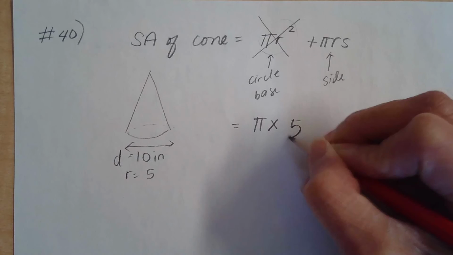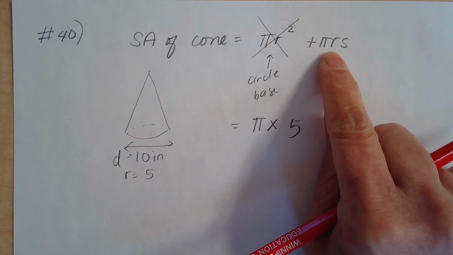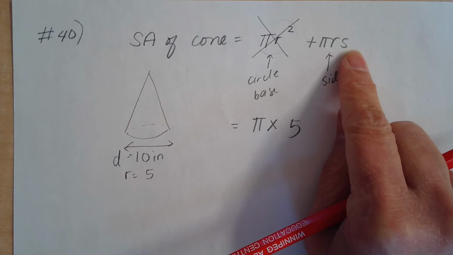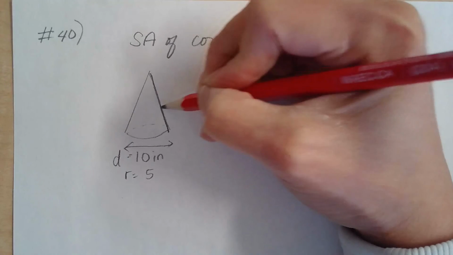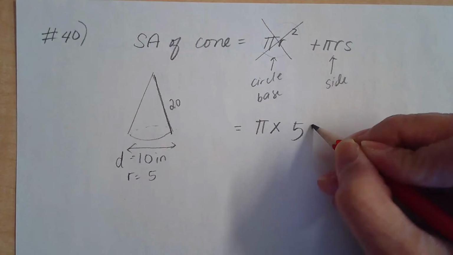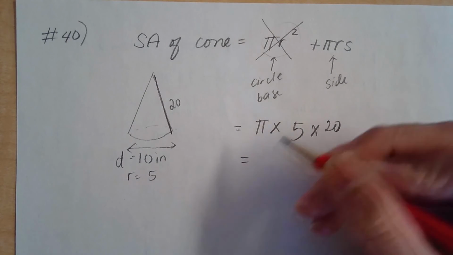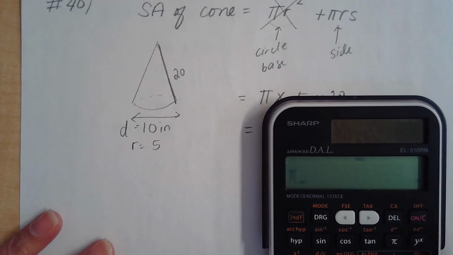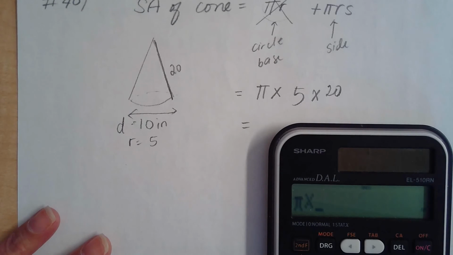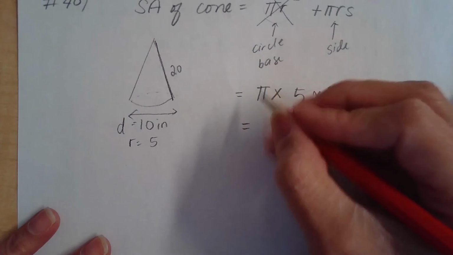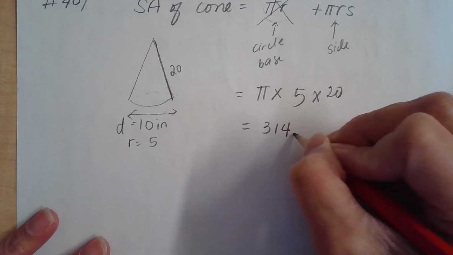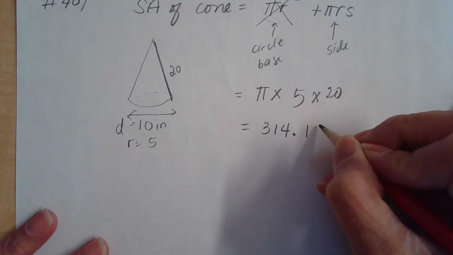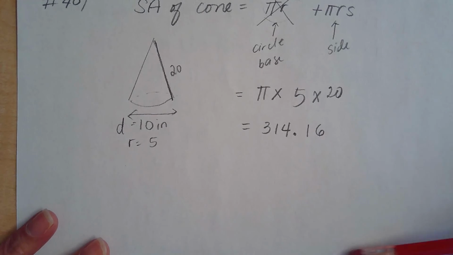So pi times 5 times s. What's the s value here? They told us it's 20. Okay. So pi times 5 times 20 is 314.16.